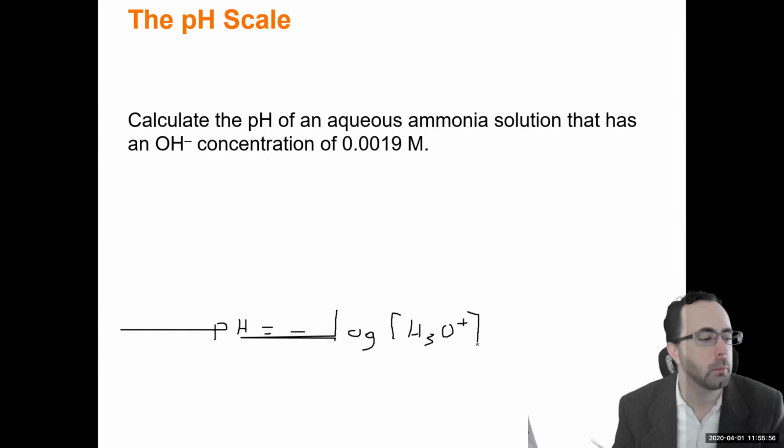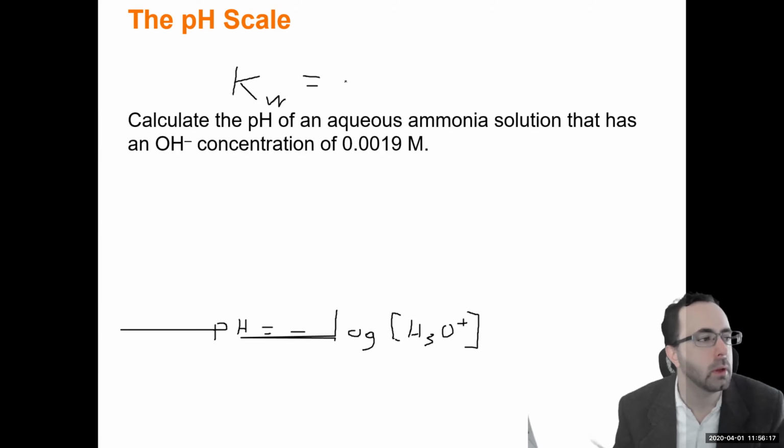Man, this is coming out bad. I don't know what's going on there, but I was doing this yesterday just fine. But anyway, it's going to be the negative log of the hydronium concentration, but we don't have the hydronium concentration. We have the hydroxide concentration. But we have a way to get the hydronium concentration. It's Kw.